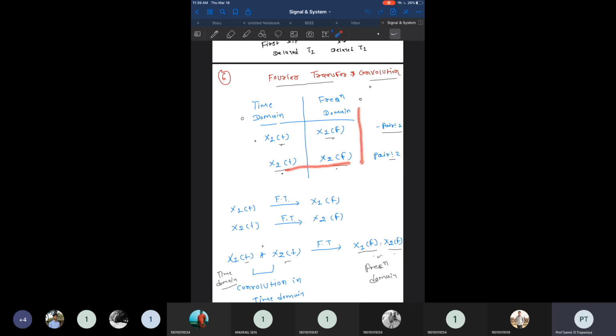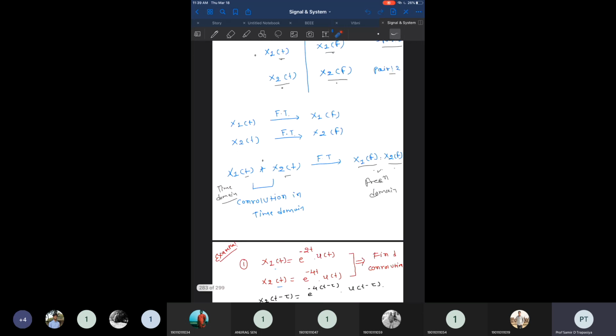So if this is there, then to convert any signal from the time domain to the frequency domain, we use the Fourier transform. So the Fourier transform is a mathematical tool to convert any time domain signal into a frequency domain signal. Assume x1 of t is a time domain signal. By taking the Fourier transform, we can produce x1 of f, which is a frequency domain signal.